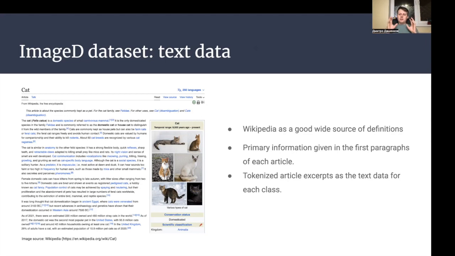The primary valuable information here is concentrated in the first couple of paragraphs. We don't need the whole article, only the definition of what a cat is, and that's what we're going to work with. Of course, the definition is tokenized and stored in such a way that we can easily access it and process it with a machine learning model.